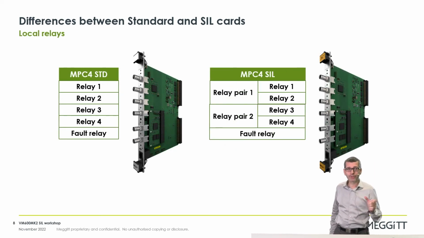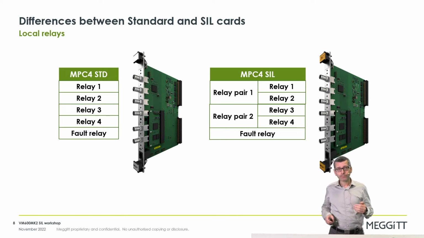If we talk about relays, both cards have 4 physical relays and 1 card fault relay. But in the case of the SIL card, those relays have to be handled as pairs of relays.